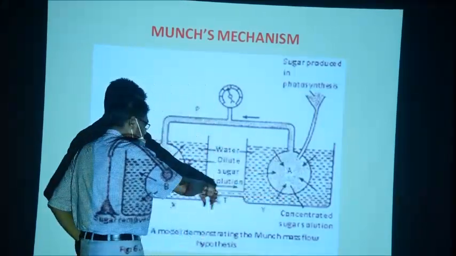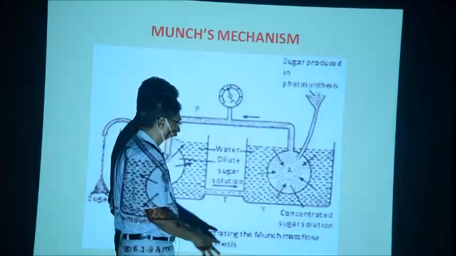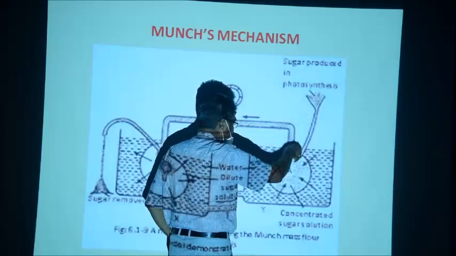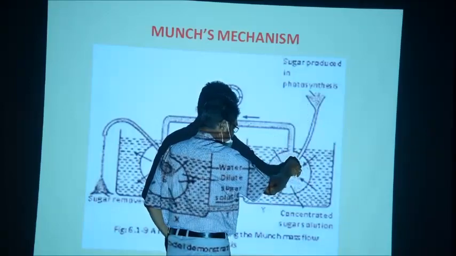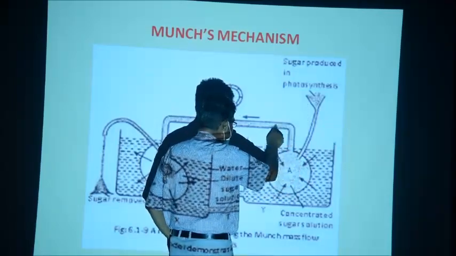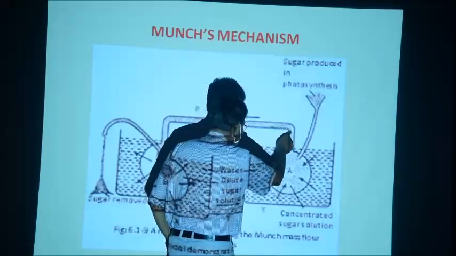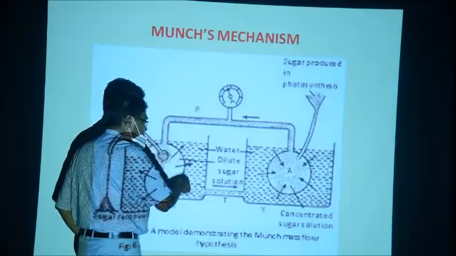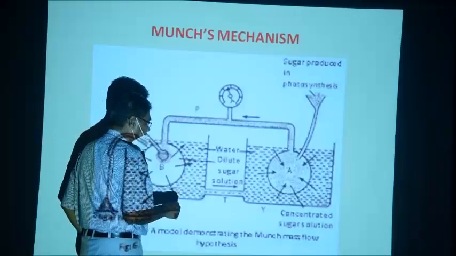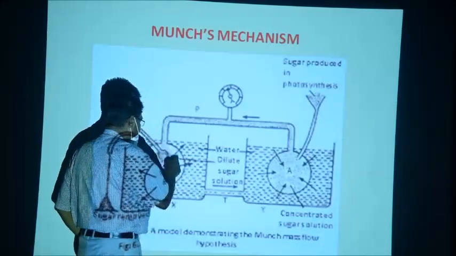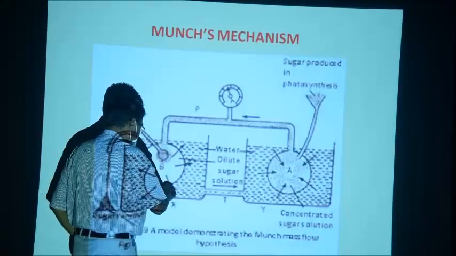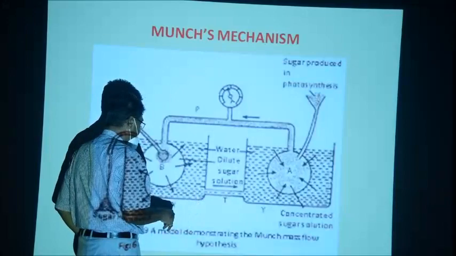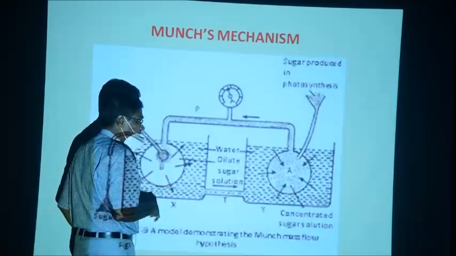This movement continues. Now, imagine that this is a leaf and sugar is produced from photosynthesis. This enters into the phloem. Entry of this into phloem is called phloem loading, and once it reaches the place where it has to reach through the phloem, it is used by the target.